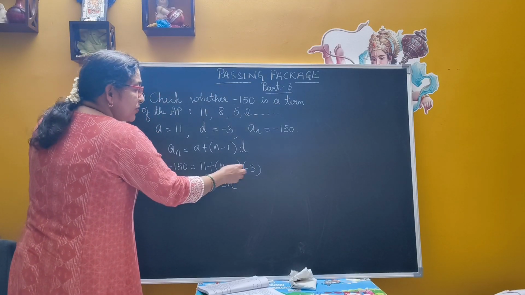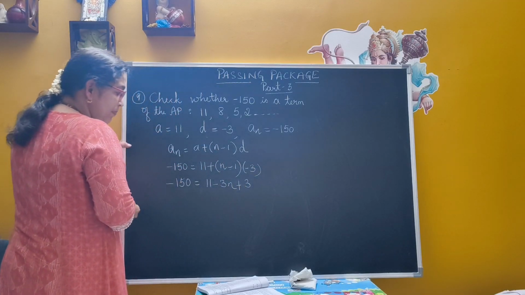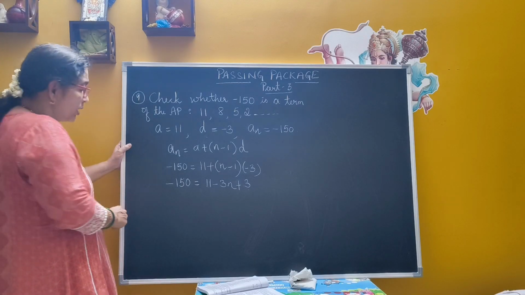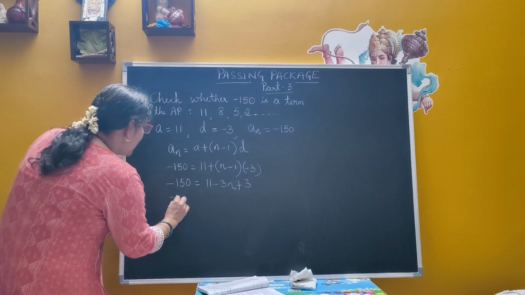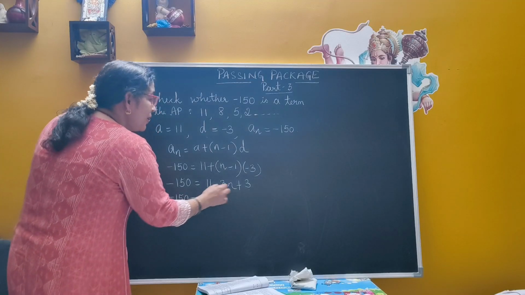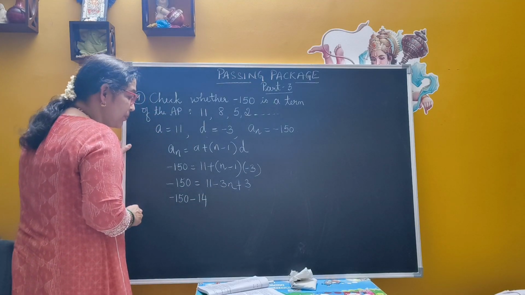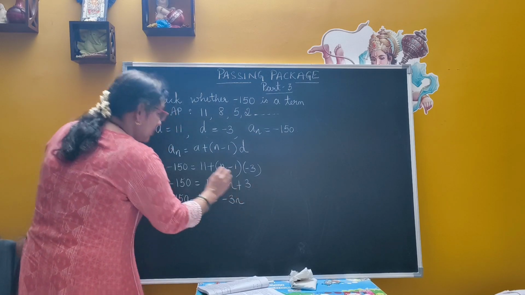So minus 1 into minus 3, minus into minus plus, 3 ones are 3. 11 plus 3 is 14. So let us transpose that 14 to LHS. So minus 150, this plus 14 becomes minus 14. So this is equal to minus 3n.